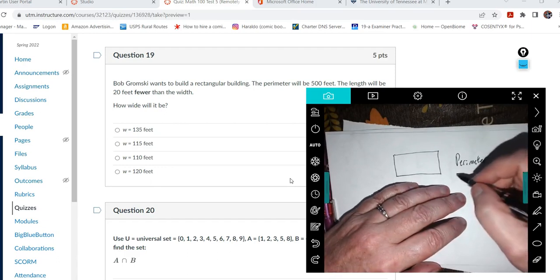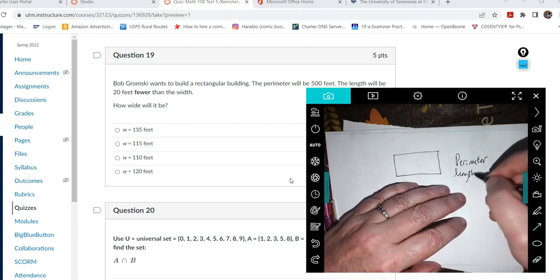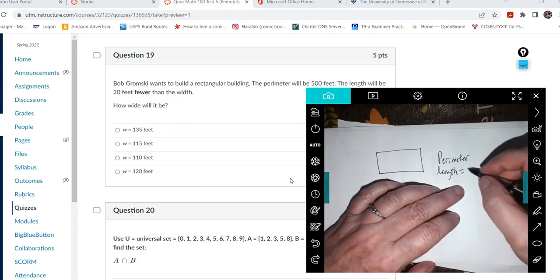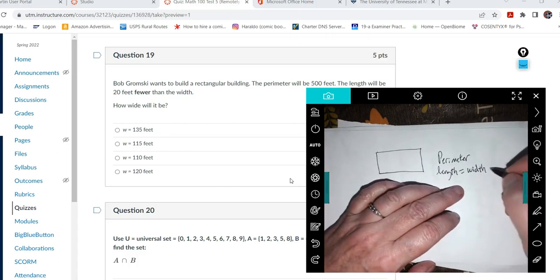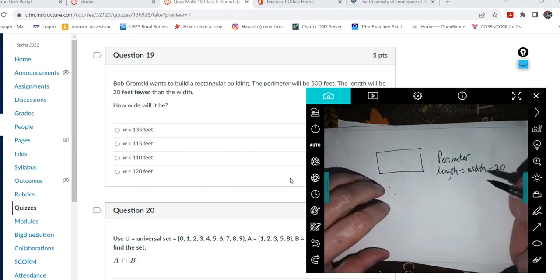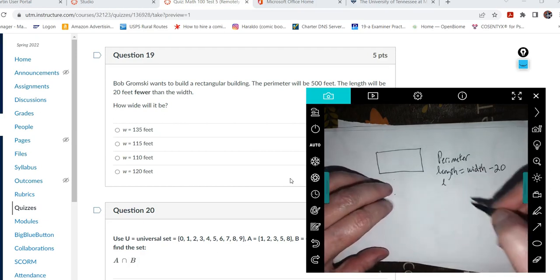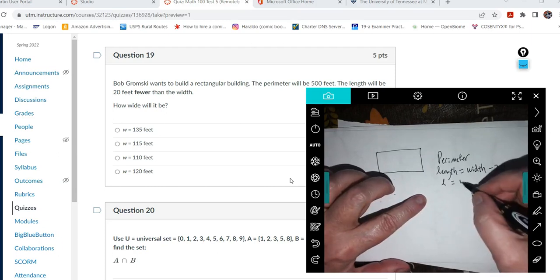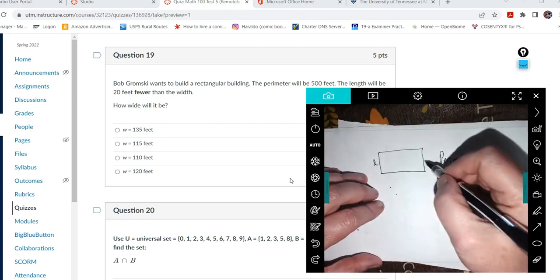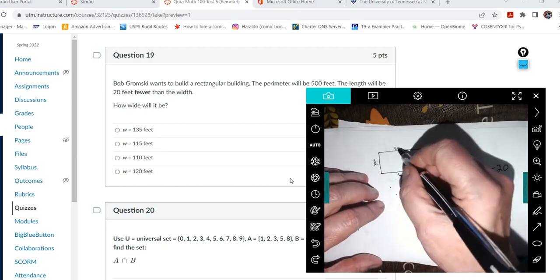Now we're told that the length is 20 feet fewer than the width. So the length is going to be equal to the width minus 20. That's what that sentence says. The length will be 20 feet fewer than the width. So I'm going to let L be length and W be width.